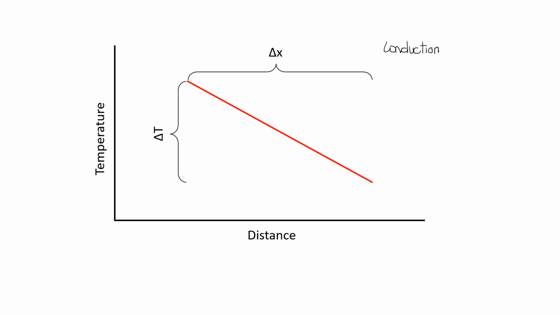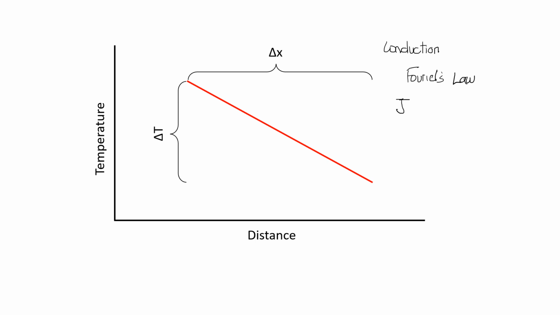And the law that we have here is something called Fourier's law, Fourier's law of heat conduction. And it's got a form which all of these laws are going to have that looks like this. I'm going to use J here to represent heat flow.